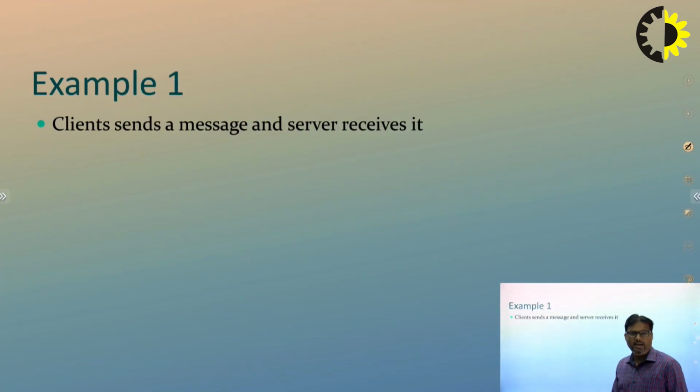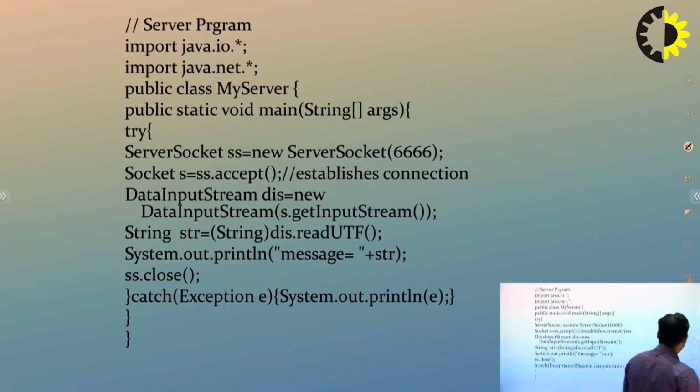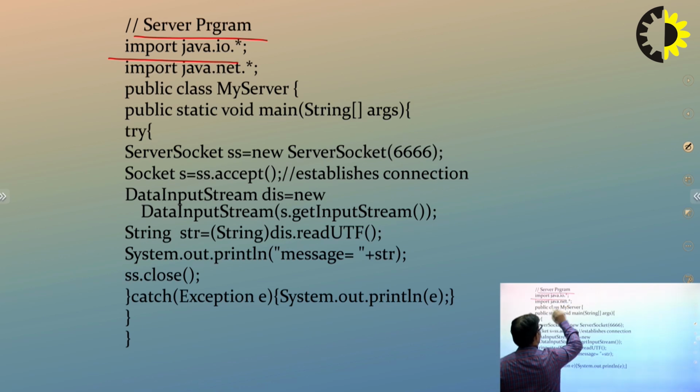Example: here the client sends a message and the server receives it. This is the server-based program. I import java.io.*, import java.net.*, public class MyServer.